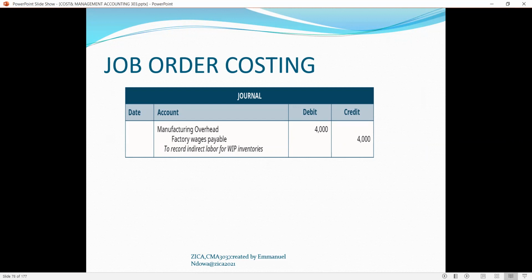But that production plant is the one that is going to allocate the appropriate indirect labor to the production of the 100 mite markers. So to record that, you are recording indirect labor for work in process inventories.